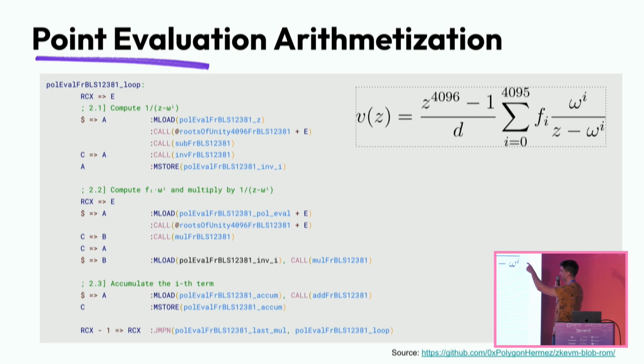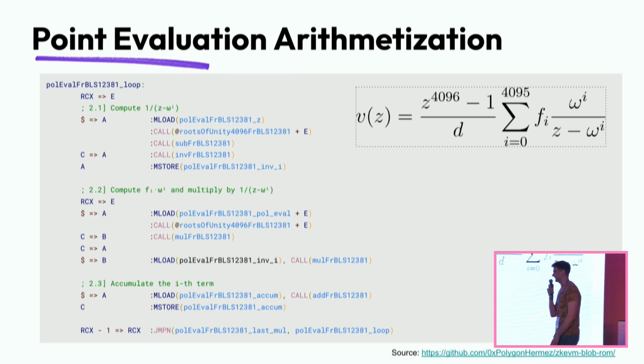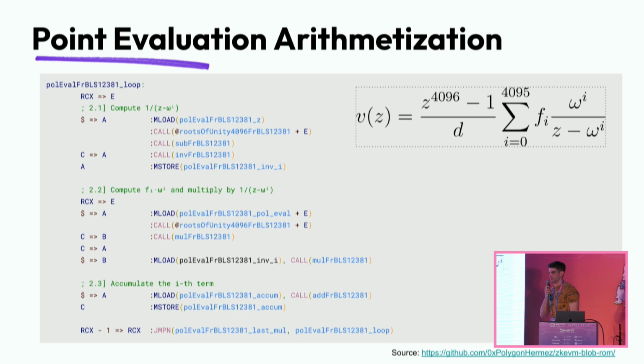Here in the upper right side, we have the formula for computing this evaluation. And here we have the assembly code that is performing this evaluation. As you can see, it's the evaluation of a polynomial of degree 4096, which is the size of the blob.